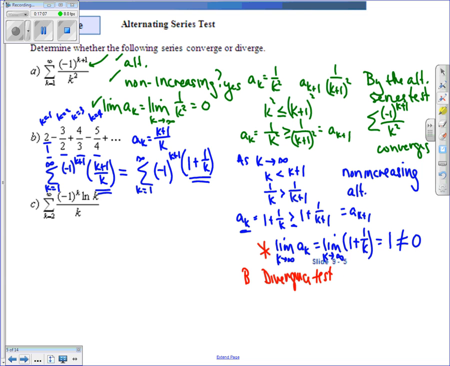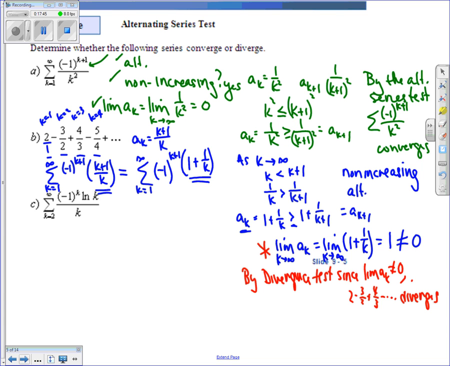So by the divergence test, since the limit of the a sub k's is not 0, then we know that this diverges. Okay, so you use the alternating series test to tell if it converges or not, if it's alternating. But if that nth term is not going to 0, that's where the divergence test tells you that it diverges.